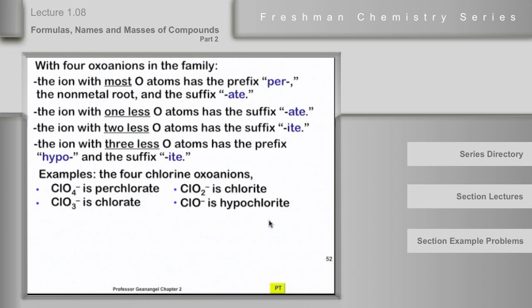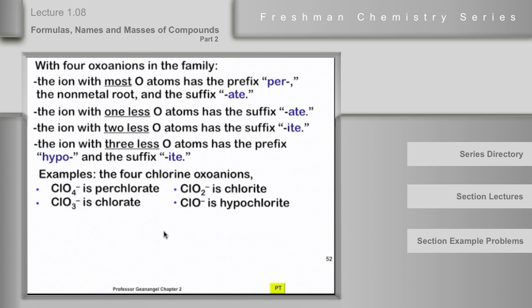So that's the system of naming of oxoanions in families of 4. Does anyone have a question on that? There's nothing for it but to memorize it. Okay, it's arbitrary, so you have to memorize it. You can't figure it out.